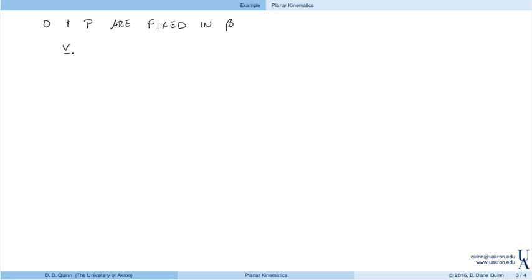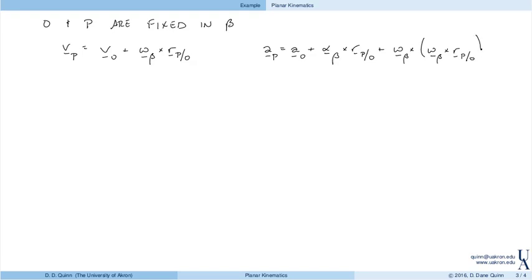The velocity of P, in particular, is equal to the velocity of O plus the angular velocity of the bar cross r of P with respect to O. And the equation that relates the accelerations of those 2 points is the acceleration of P is equal to the acceleration of O plus alpha, the angular acceleration of the bar, cross r of P with respect to O plus the angular velocity cross the angular velocity cross the position of P with respect to O.